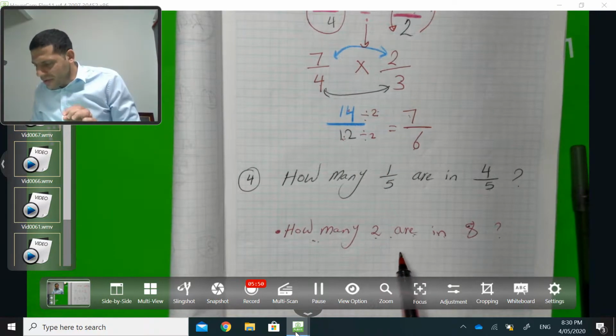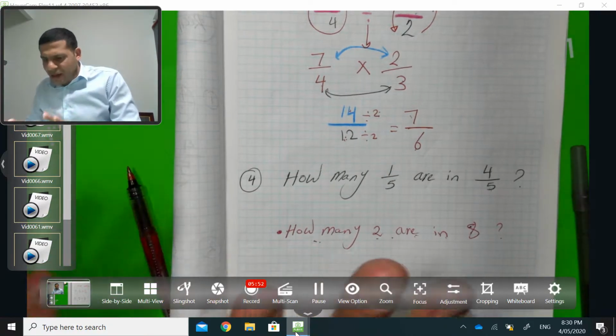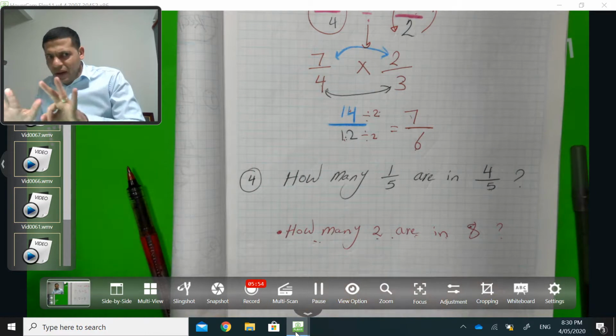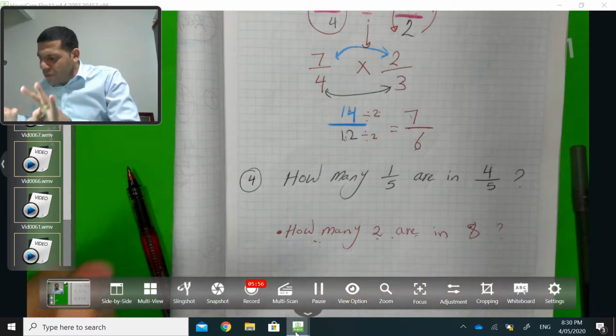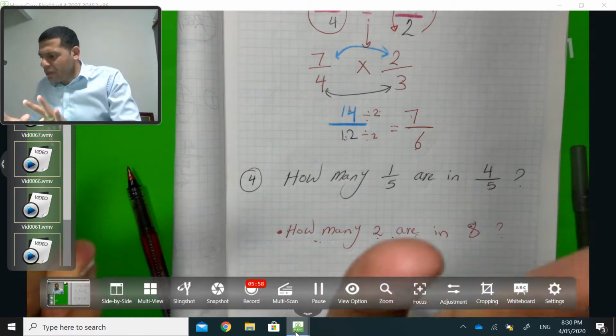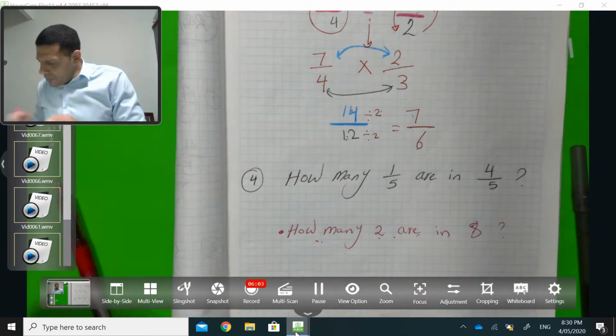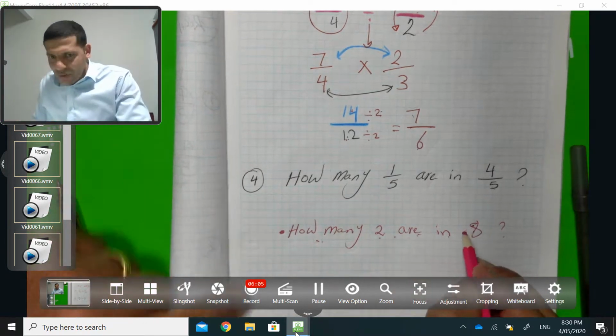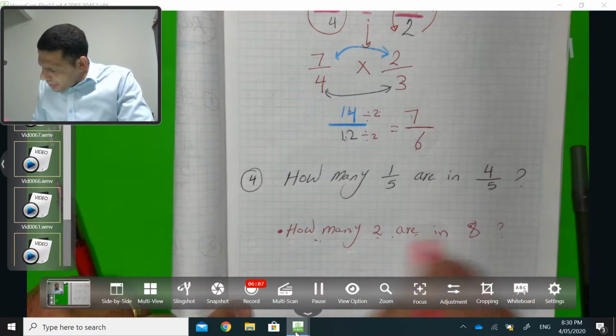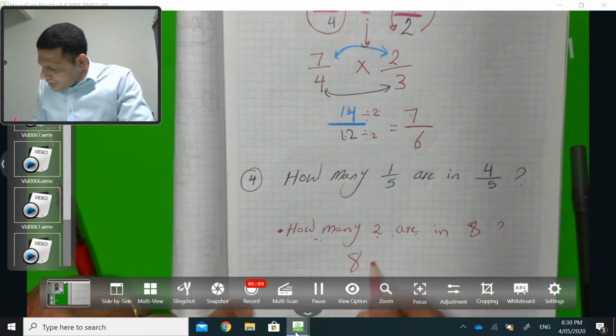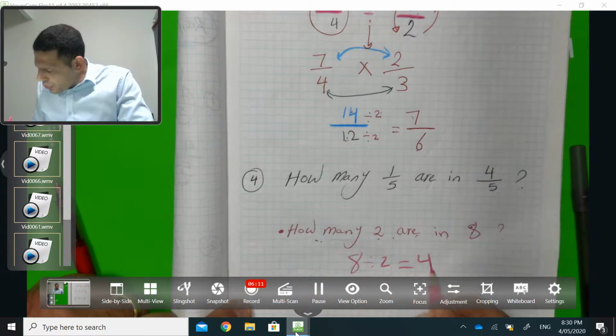Think about it. If you have 8 fingers, and I ask you how many 2 in 8 fingers, yes, how many 2? So we have 4 here, guys. So we have 4 twos. So you divide this number by this number. You divide 8 divided by 2, which equals 4.